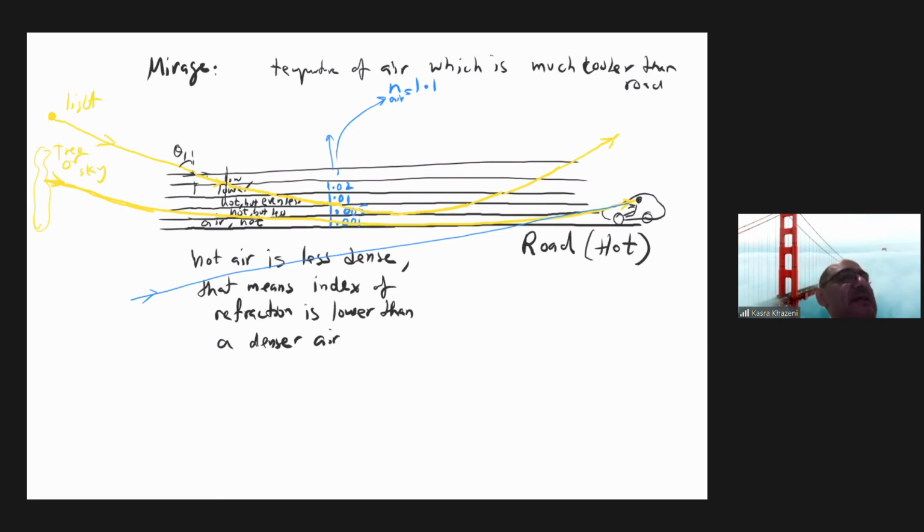So this is the reason you see a mirage, because of Snell's law. And every time light passes through these lower index layers, it bends away from the road and eventually moves back up. Okay, it's a very small effect, but at large distances, the angles add up, and you see that mirage.